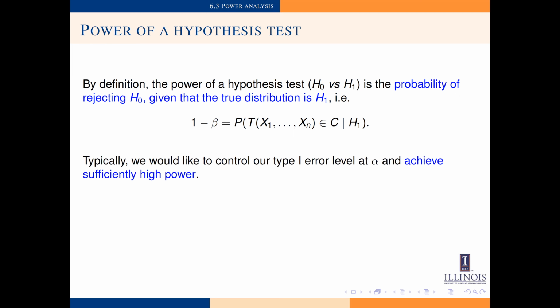Typically, we would like to control our type 1 error level at a preset level, say alpha equals 0.05. And given this constraint of the type 1 error below 0.05, we want to achieve a sufficiently high power.